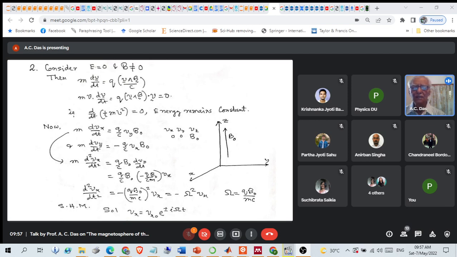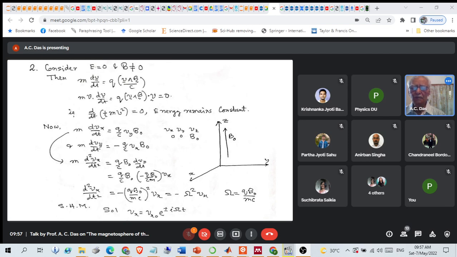If you combine these two, you get the equation d²vx/dt² equals minus (qB0/mc) whole squared Vx. I write qB0/mc as omega, so that is minus omega squared Vx. Now this is the equation which determines simple harmonic motion.